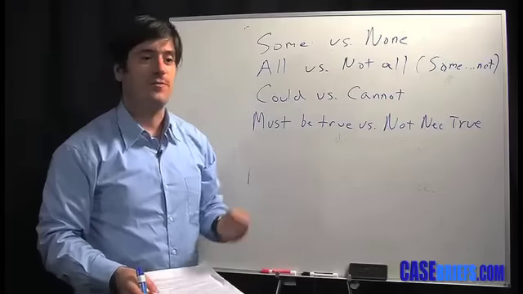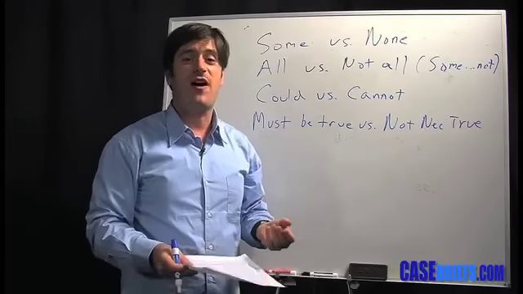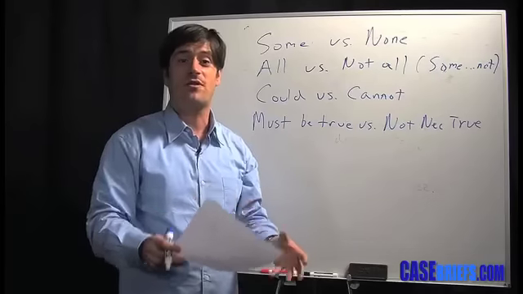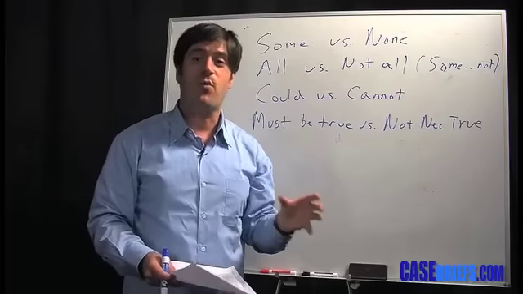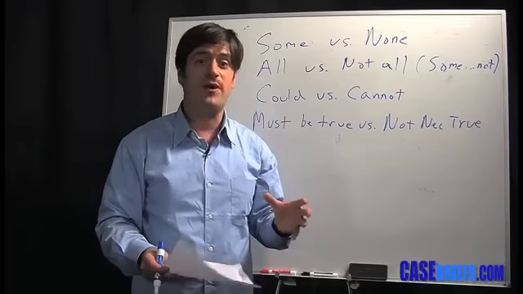When doing a negation, most of the time it's fine just to add or take away the word not from the main verb of the sentence. You never touch a subordinate clause when doing a negation.